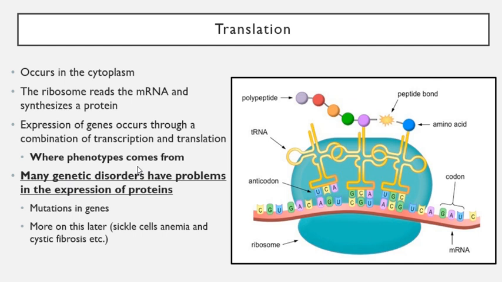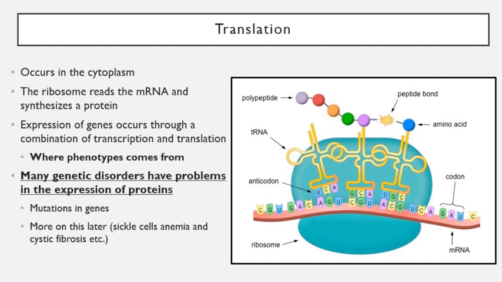And so the translation of this mRNA into proteins is where you get certain phenotypes that pop up, and that's what makes your protein structures, and then the proteins build up into the higher levels of organization that makes up a person. And mutations in these genes that occur at the RNA or DNA level is where there's a lot of problems that we're going to be talking about today.